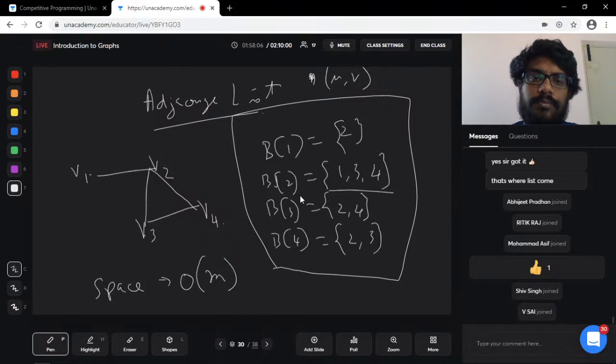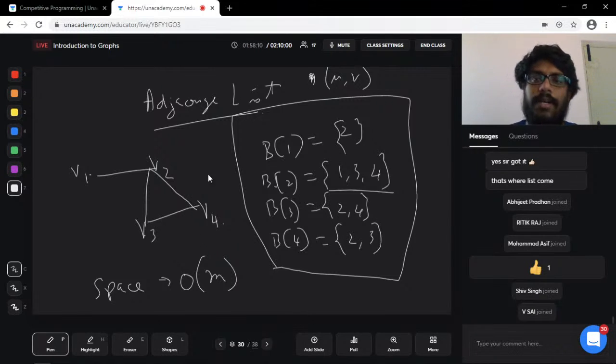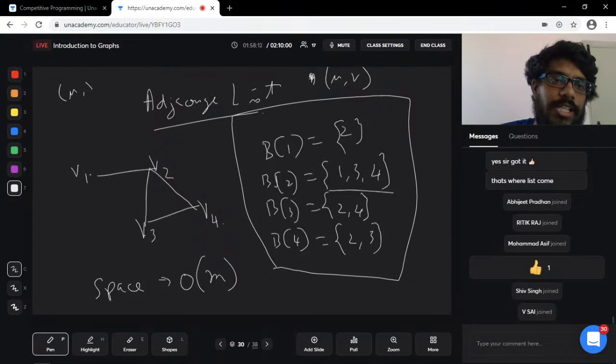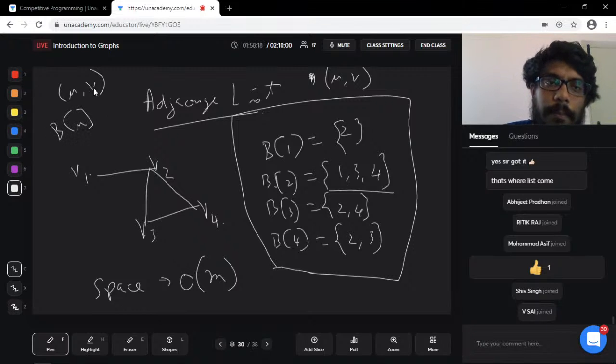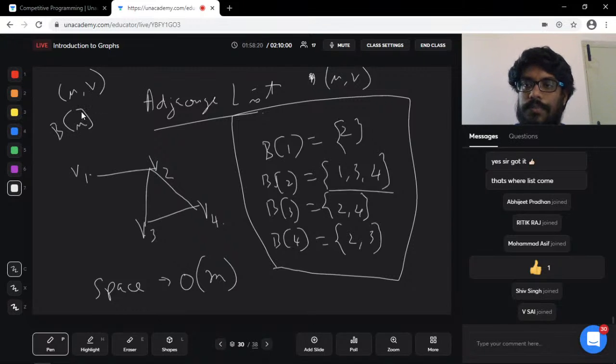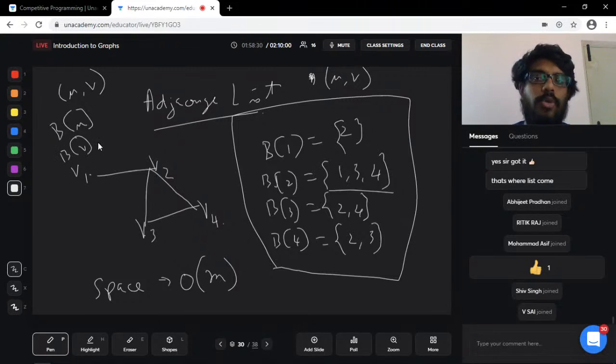But what about the important addition? Addition is not so bad because why? When an edge u comma v comes, what do we need to do? I need to go to B of u and plug in v into this. If I don't care about sorting property, I just shove in v at the end. Similarly, I go to B of v and I shove in u at the end. So if you're doing C++, you'll basically just keep these as vectors, so the size doesn't matter.